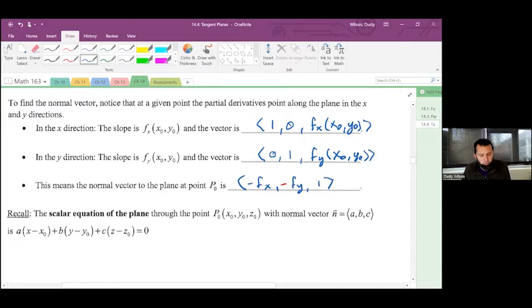So we have a normal vector to the plane at the point p naught, and we found that by taking advantage of what we know already from partial derivatives.